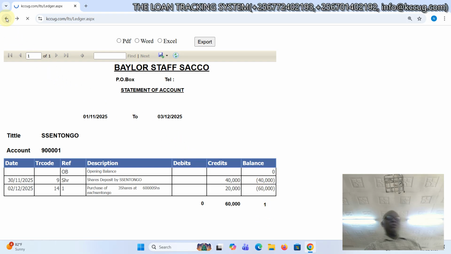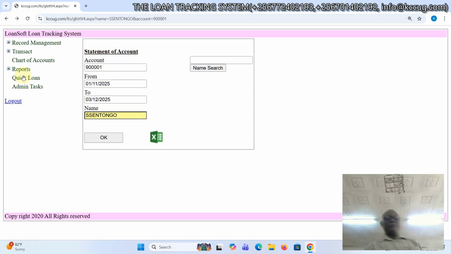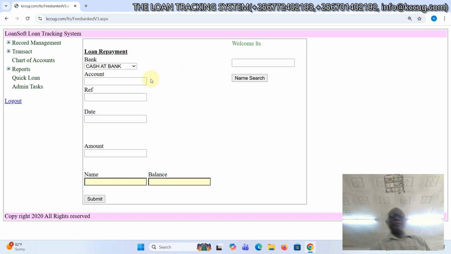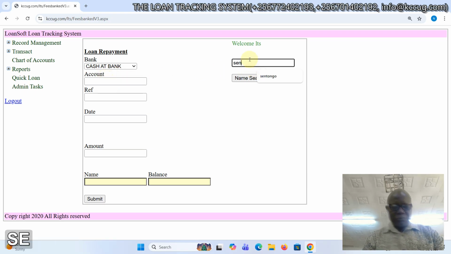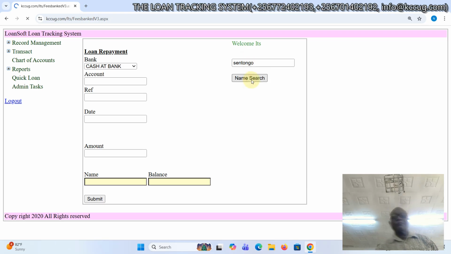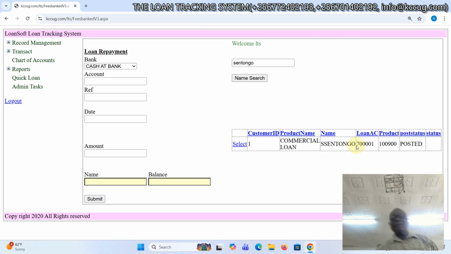If it is repayment, okay, still the same thing. Where is our loan repayment? Here. Okay. We can say, let's search for Sentongo. There is Sentongo. His loan account is this. Correct.